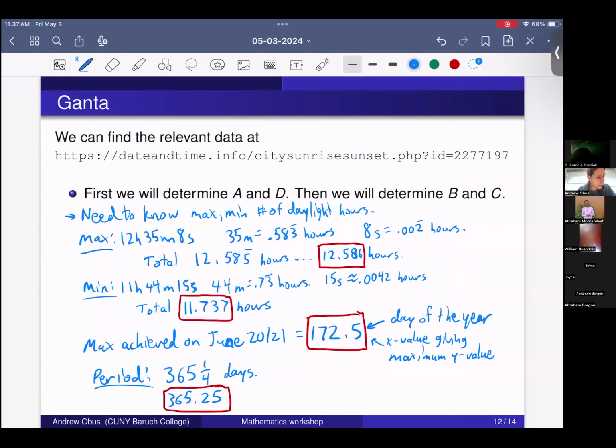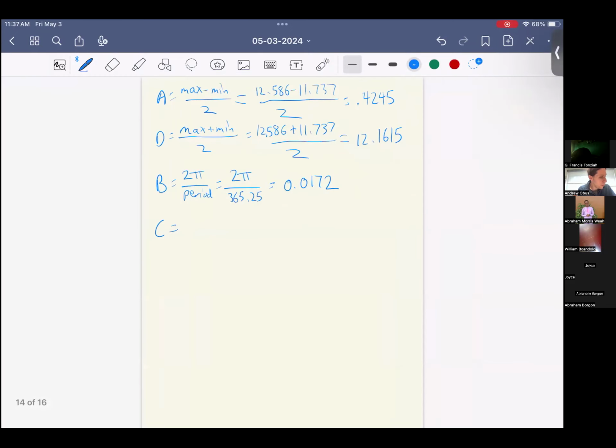Okay, so that's going to be 172.5. So C here is the X value giving the max Y value, and that's going to be 172.5.